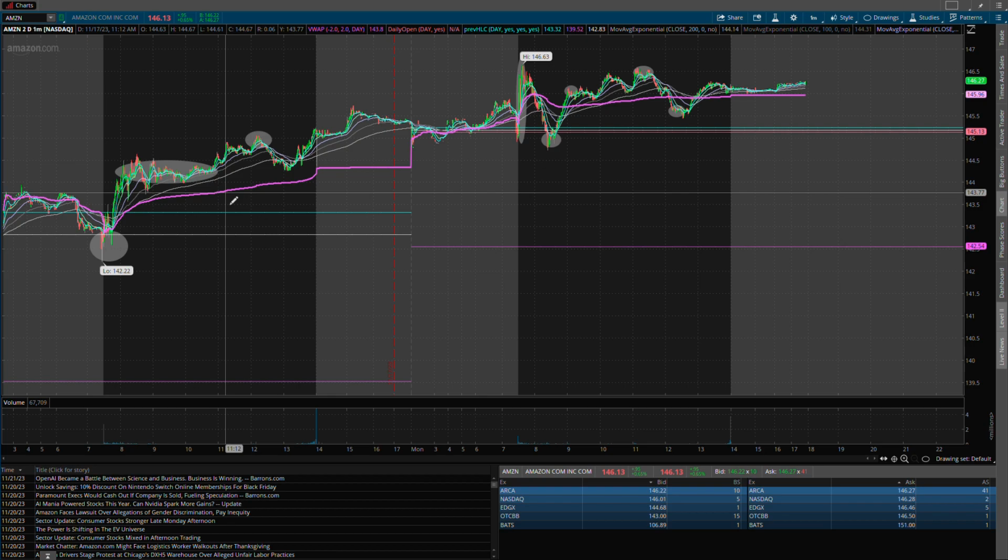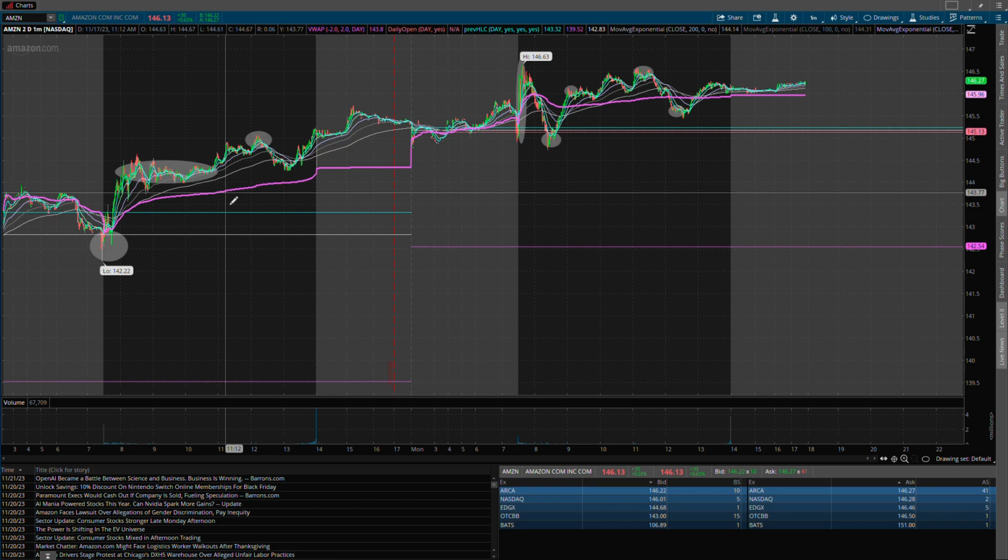Those are the three types of setups that I will be investigating for the rest of my life, essentially, because that's what day trading is comprised of. Continuation, reversal, and breakout.